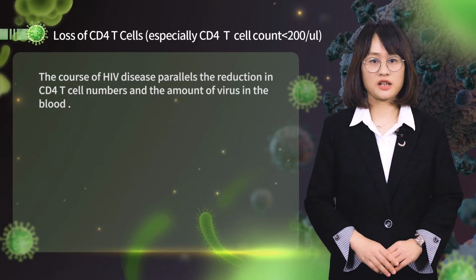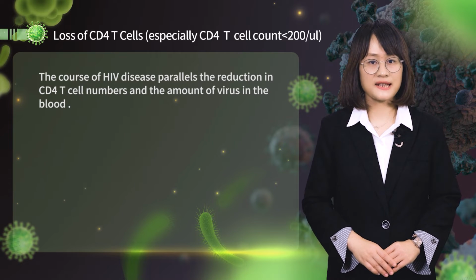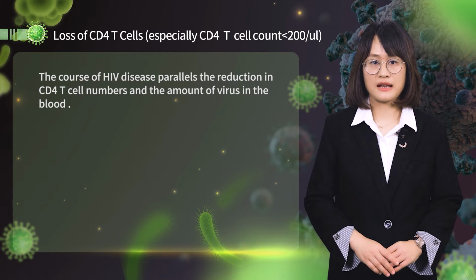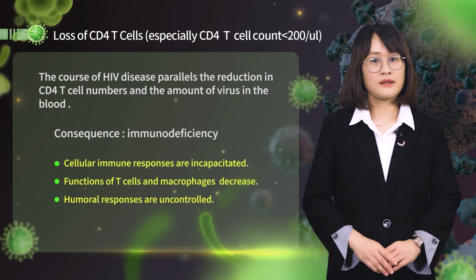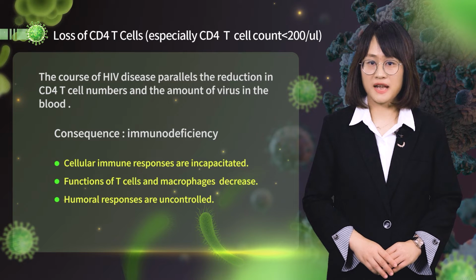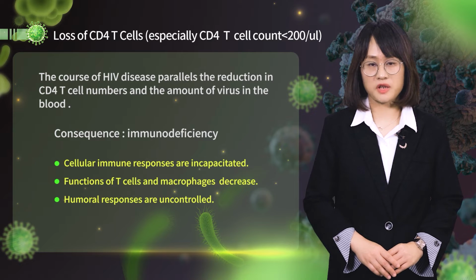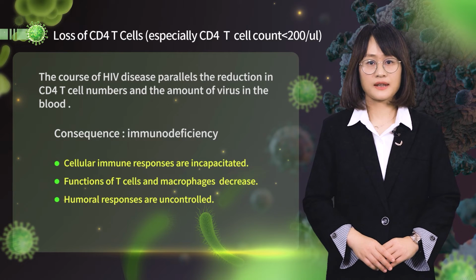The course of HIV disease parallels the reduction in CD4 T cell numbers and the amount of virus in the blood. There is a large burst of virus production and viral replication in the lymph nodes, causing disruption of structure and function.